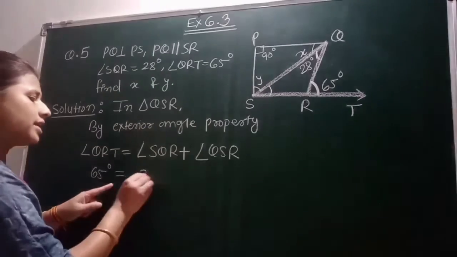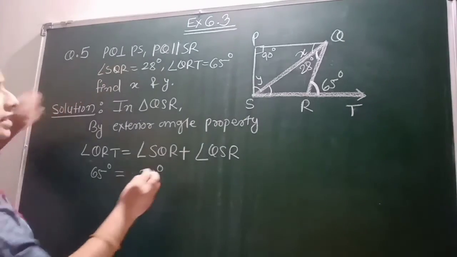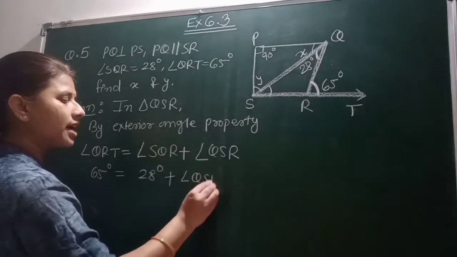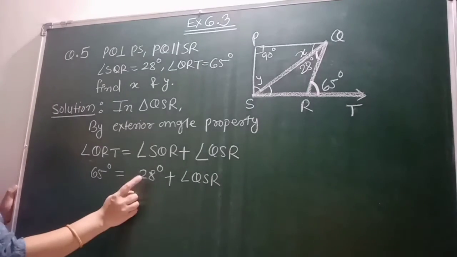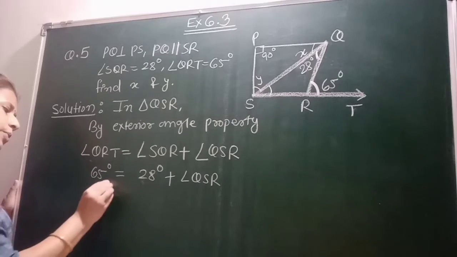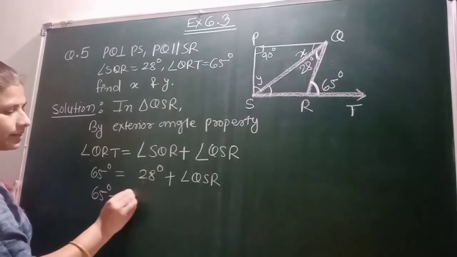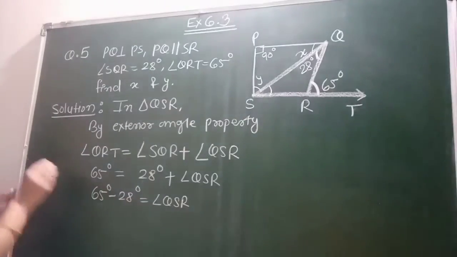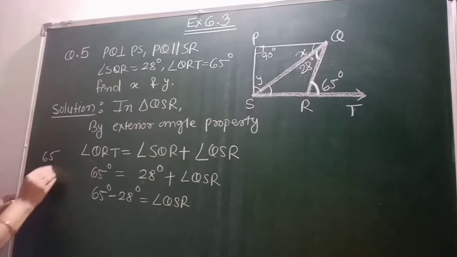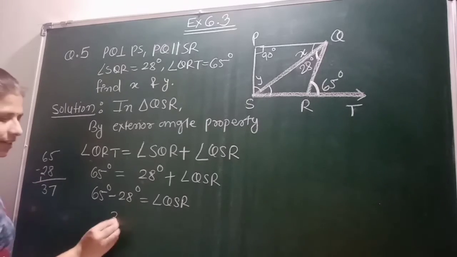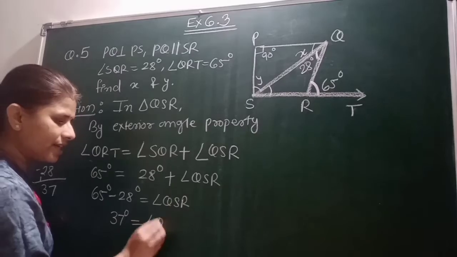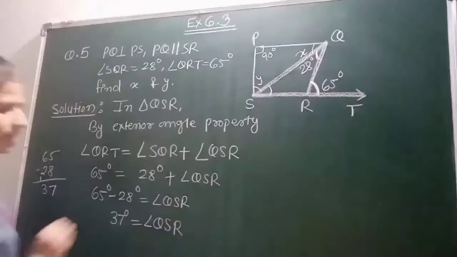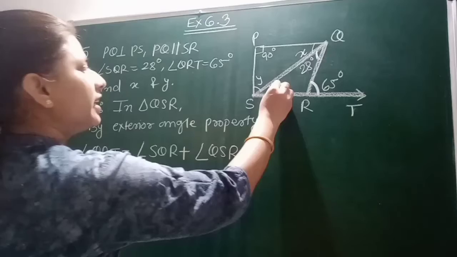Angle SQR equals 28 degrees, it is given, plus angle QSR, which we will find. Then we will shift this 28 from the right hand side to the left hand side. Obviously the sign will change. What will be the subtraction, student? 65 minus 28. What will we get? 37 degrees. So the measurement of angle QSR equals 37 degrees.